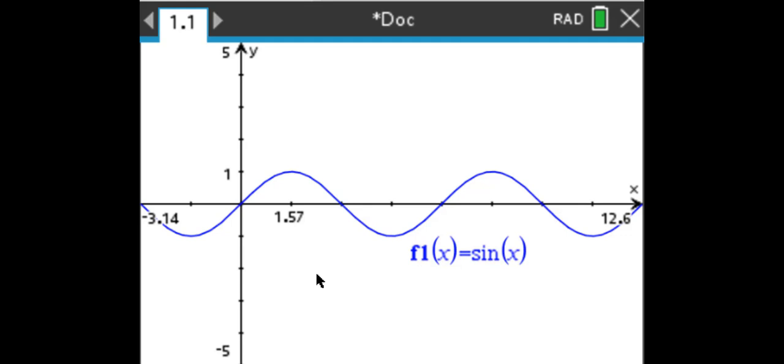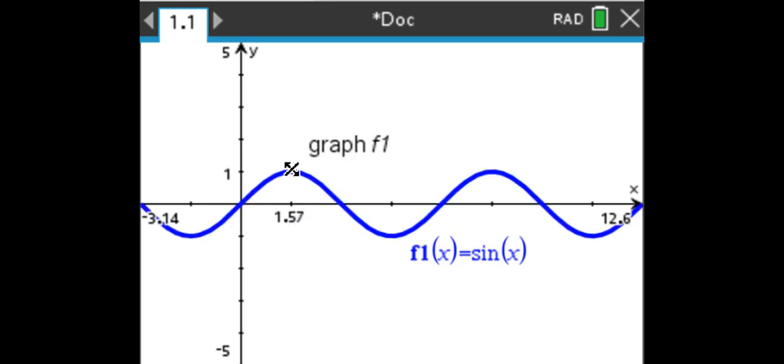I quickly will go through where these values are coming from, remembering that sine is our y-coordinate. So in our unit circle, when our angle is 0, our y-coordinate is 0. So that's why it's starting at 0, 0.